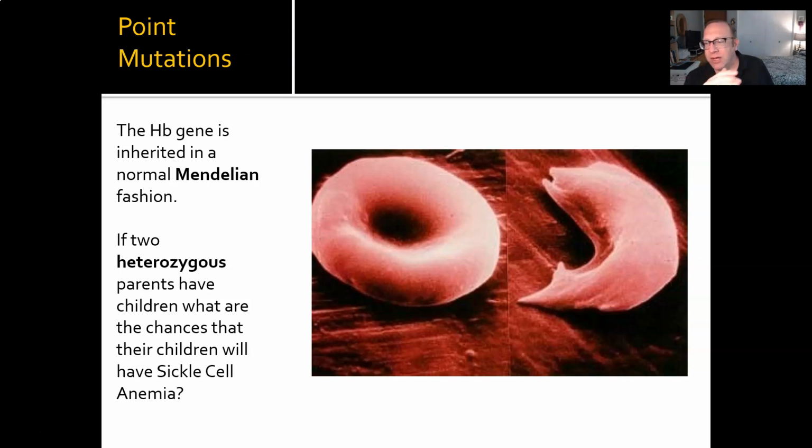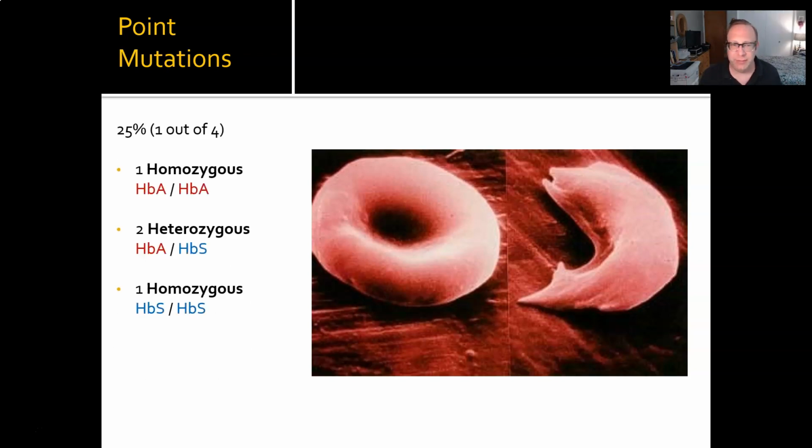Okay, so if 2 heterozygous parents have children, what are the chances one of their children will have sickle cell anemia? Well, let's do the math. The genotypes are distributed as follows. You've got 1 homozygous dominant who will have 2 normal copies. You have 2 heterozygous individuals who will have 1 HBA and 1 HBS.